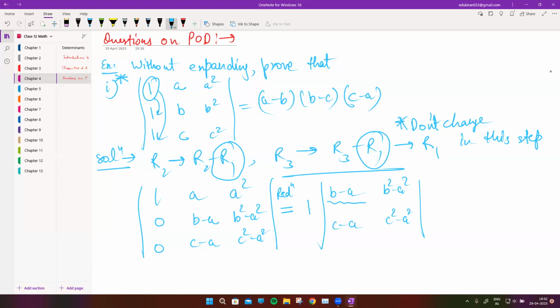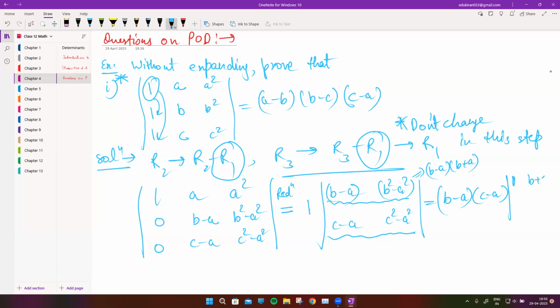You can take b minus a common from here. You can take c minus a common from here. So this becomes b minus a if you take b minus a from the first row, and this becomes c minus a if you take c minus a common from the second row. Now you are left with 1 here because you have taken b minus a, and this b square minus a square can be written as b minus a into b plus a, from which you have already taken common b minus a.